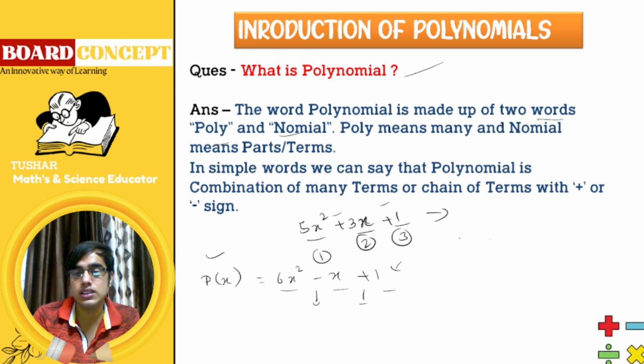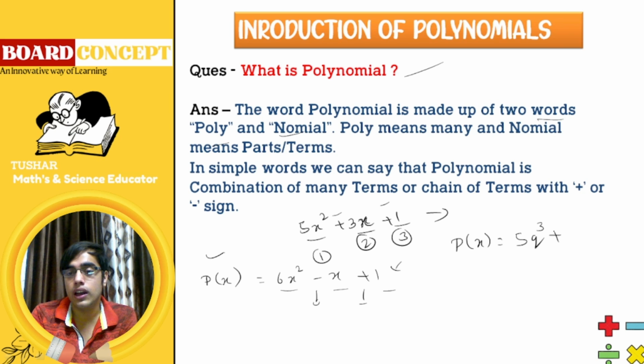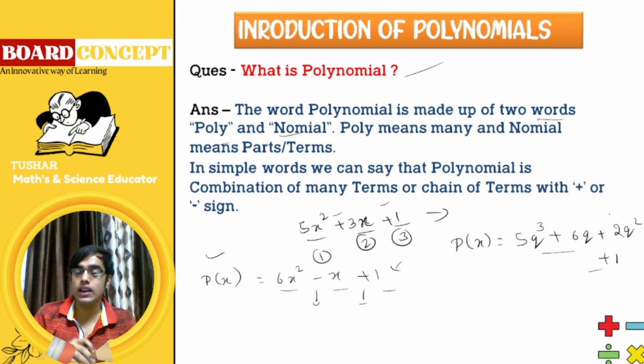Our next example is p(q) equal to 5q cube plus 6q plus 2q square plus 1. Here we can see that there are four terms connected with positive signs. This is the first term, second term, third term and fourth term. This is also a polynomial.